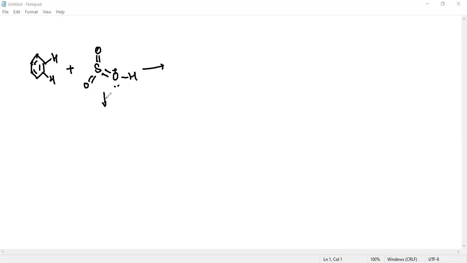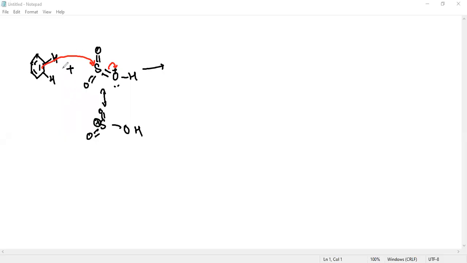If we go ahead and draw its resonance structure here, what we have is double bond O, as double bond O, and then if you move this bond here, let me draw it, then you have this thing O and H. Now sulfur bears the positive charge here. Sulfur is attached to three oxygens, which is making it highly electron deficient, making it a very good electrophile. This is the resonance form of this one, where S is bearing the positive charge.